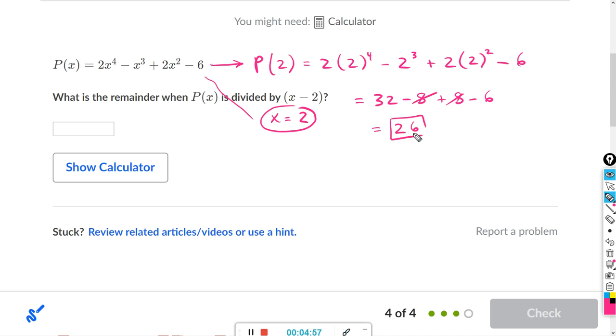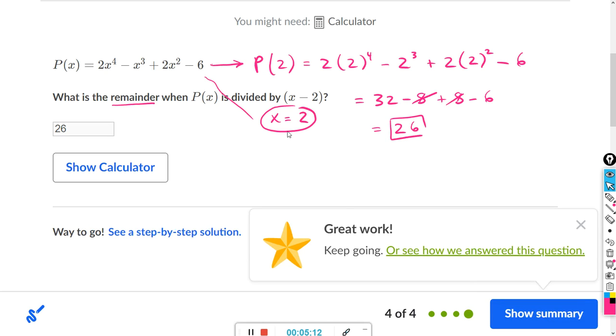I hope I did that right. They're looking for the remainder, so when you plug in 2, you get the remainder when dividing by x minus 2. Whenever you plug in, make sure you change the sign of the thing you're dividing by.